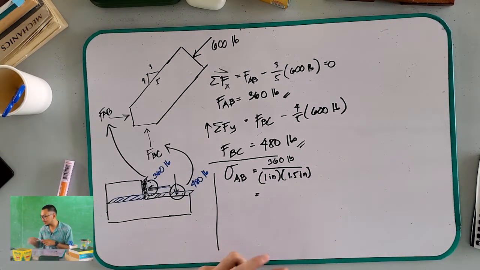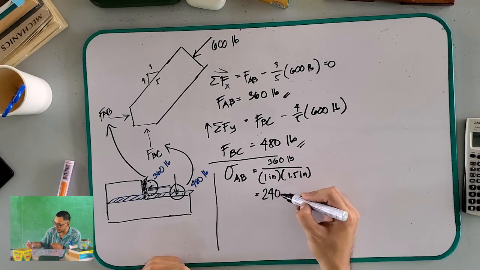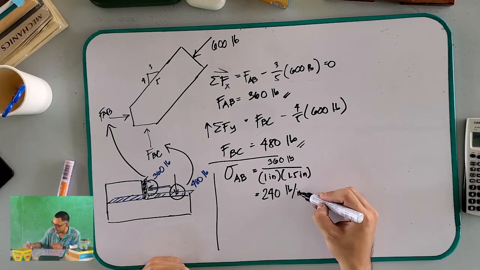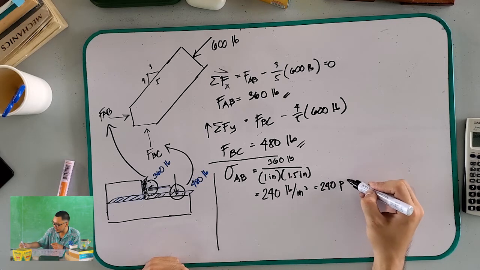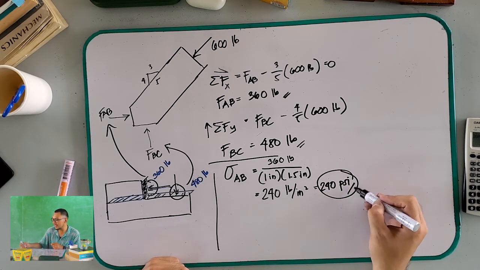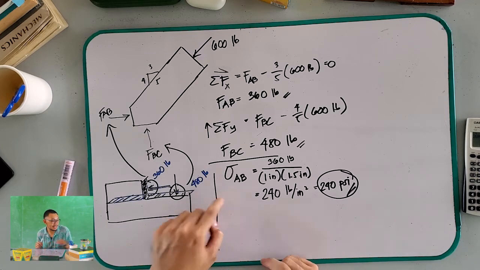So 360 divided by 1.5 is 240 pounds per square inch, or 240 psi. So this is your answer for the stress at AB.